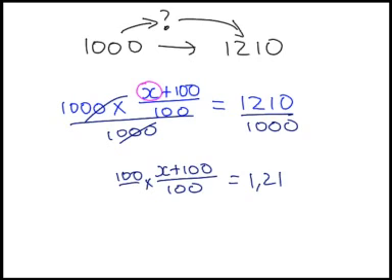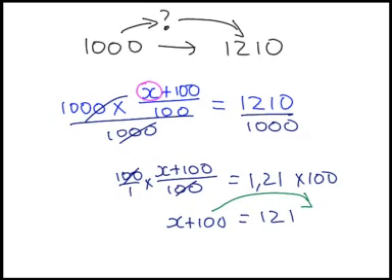Then we multiply both sides by 100 to get rid of the fraction, so it cancels that side. So x plus 100 is going to be 121. And then we take the 100 across to get x alone. So 121 minus 100 is 21. Are you still with me?